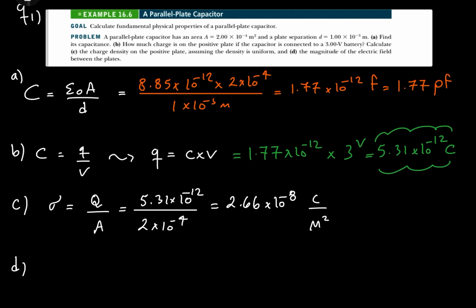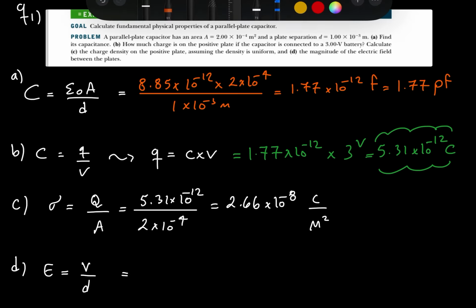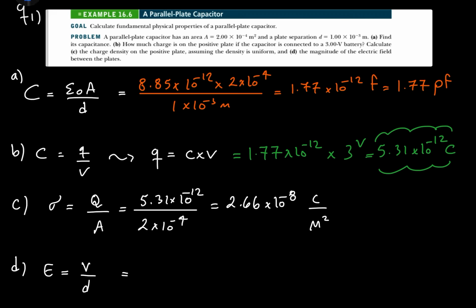Let's move on and take a look at question D now. It says, calculate the magnitude of the electric field between the plates. So here, we're trying to find E. We know that electric field is the voltage divided by distance. It's going to simply be found by dividing the 3 volts of the battery over the distance between the 2 plates.